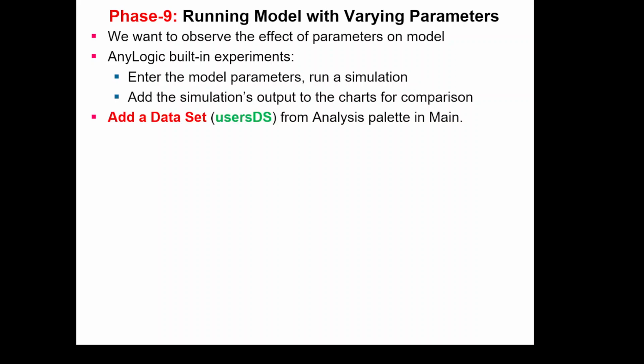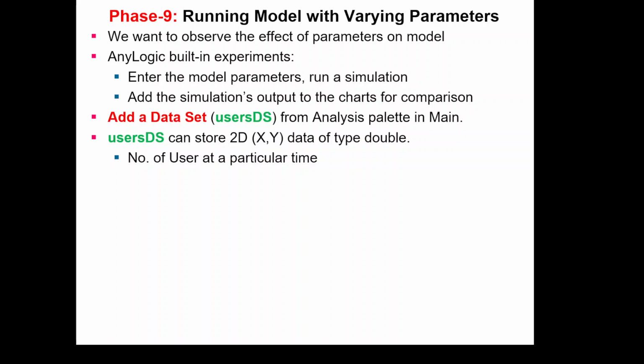For that purpose, first we have to store the data. We are going to add a dataset from the analysis palette in the main, and it basically stores two-dimensional xy data of type double. We want to know the number of users at a particular time.